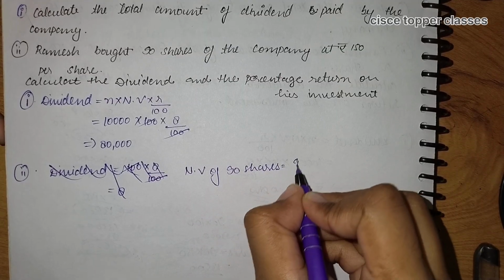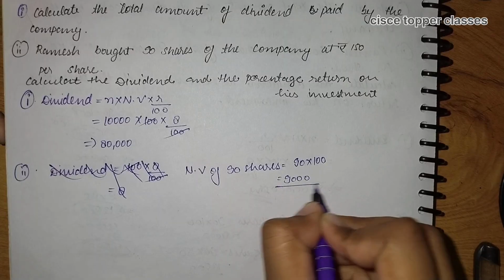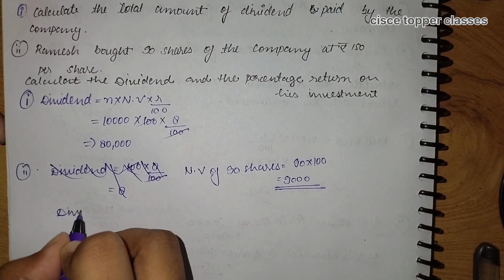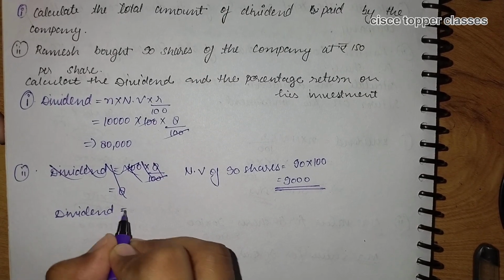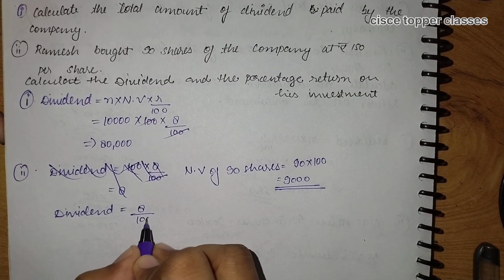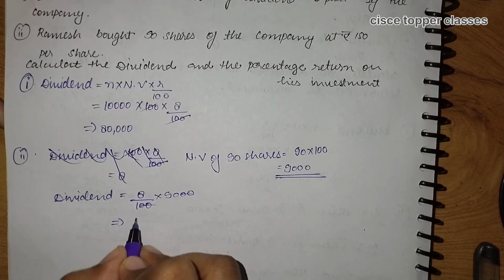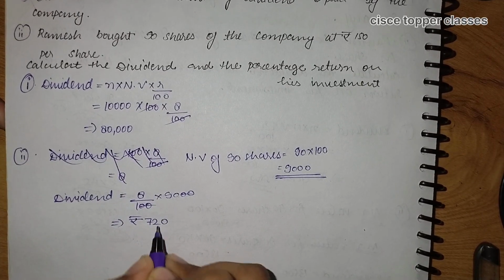That will be 90 into 100, means 9,000, and from this value we will find the total dividend received by Ramesh. So this will be 8% of 9,000. 0 will be cancelled out, and here we will get rupees 720 as the dividend.